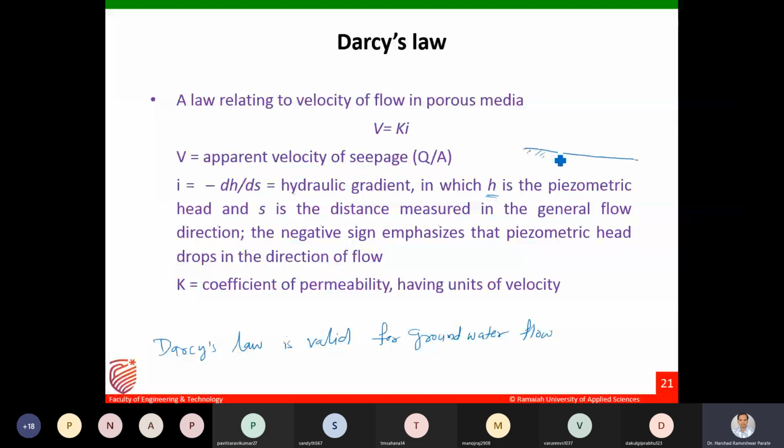If I know the permeability of this particular soil, the velocity at which the water is moving is V is equal to K into I.